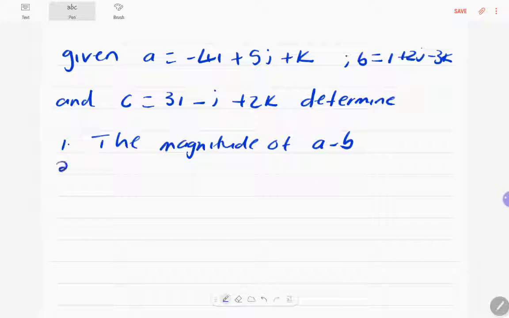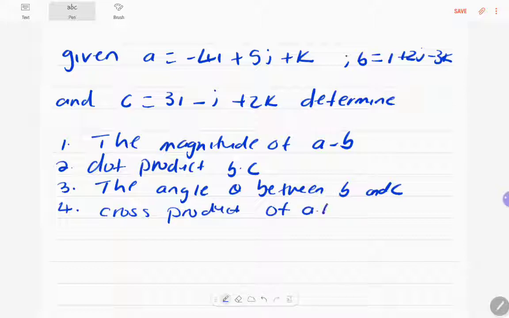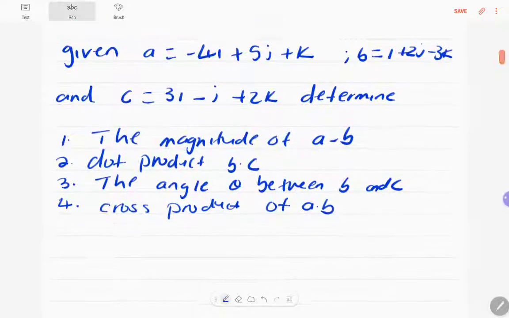The second one, the dot product B dot C. The third one, the angle theta between B and C. The fourth one, the cross product of A and B. Yes, so from here let us solve, let us try.